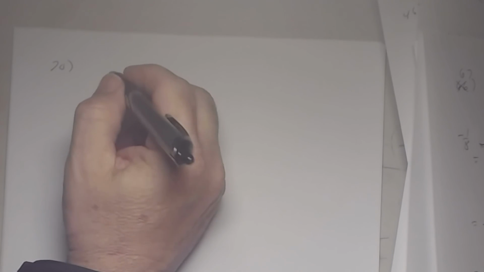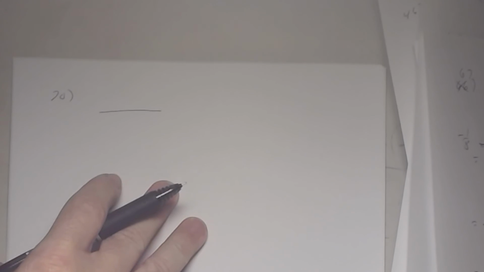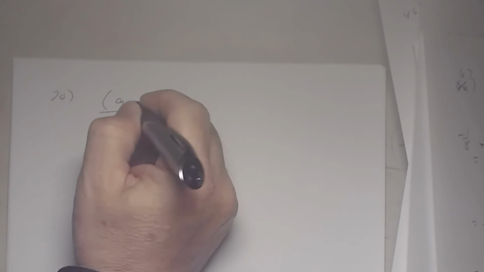All right, let's look at 70. Let's do one more. Number 70. All right, 70 looks like this. Bring it down just a little bit. Sorry, thank you. The numerator looks like this.